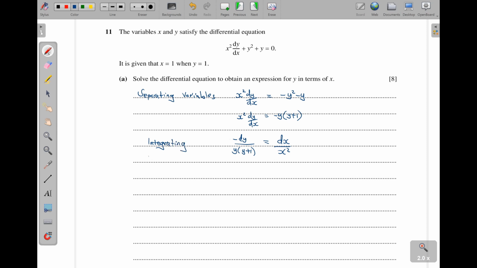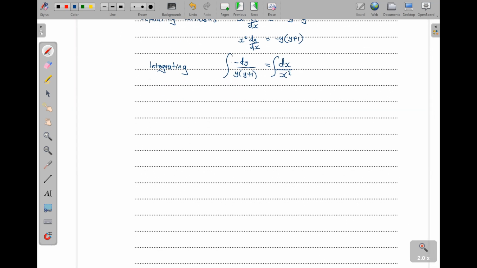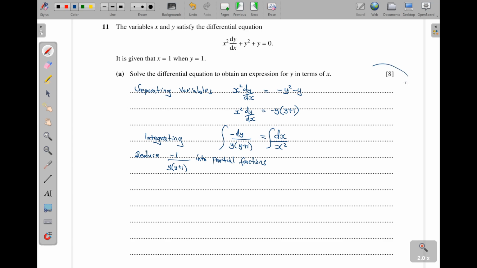Integrating both sides, we have that. But now, do you realize that this is a product of linear factors? So we have to reduce this into partial fractions. This is why they give you these many marks, because there is that other method.